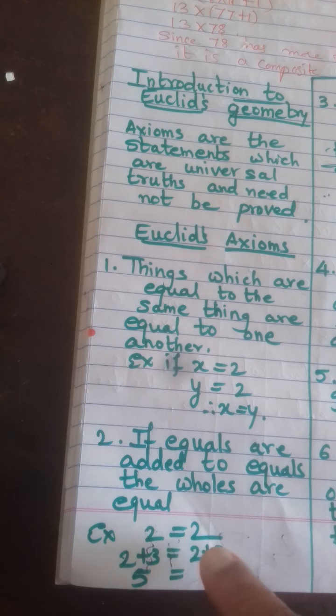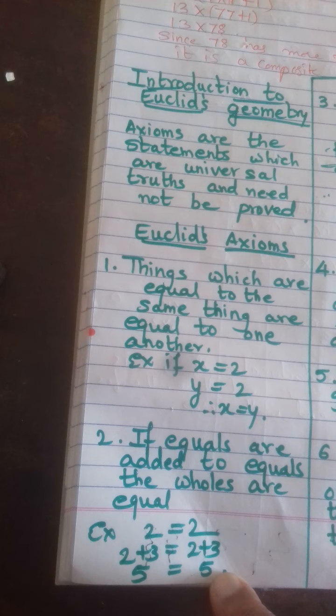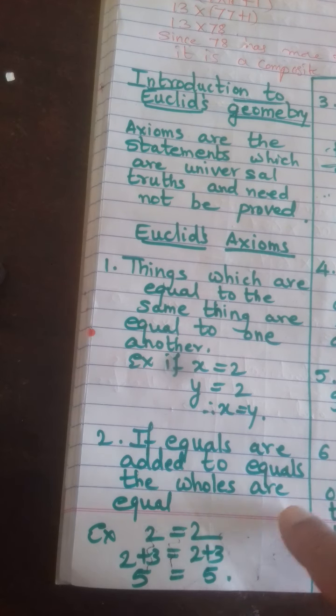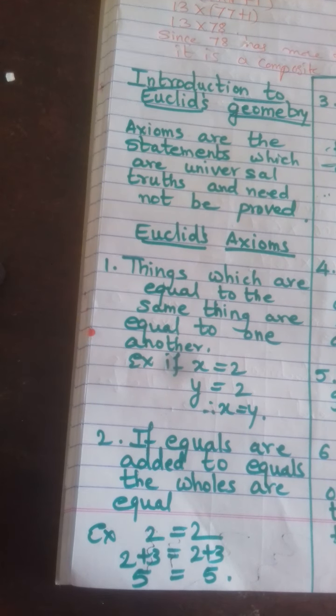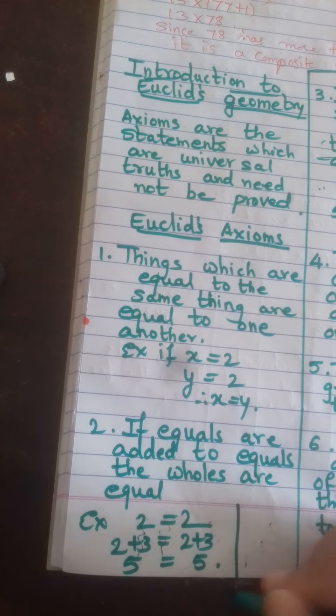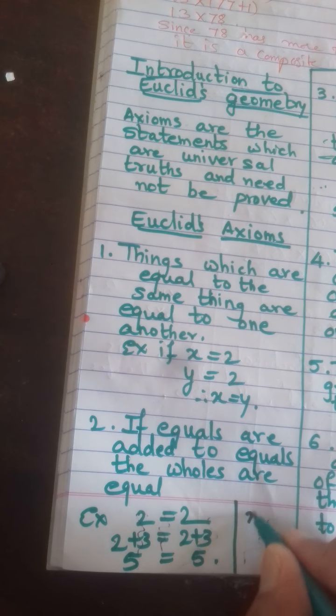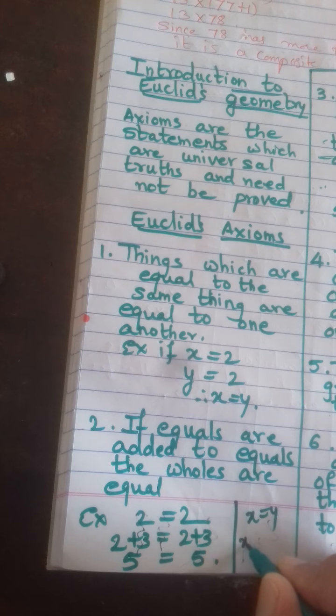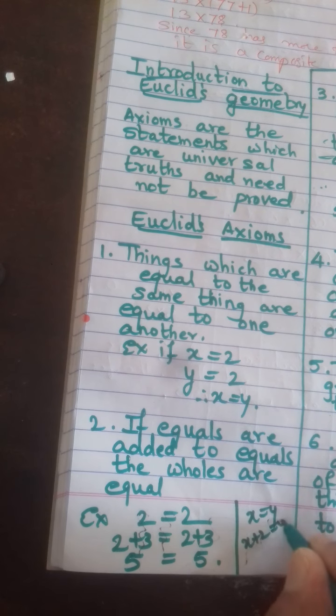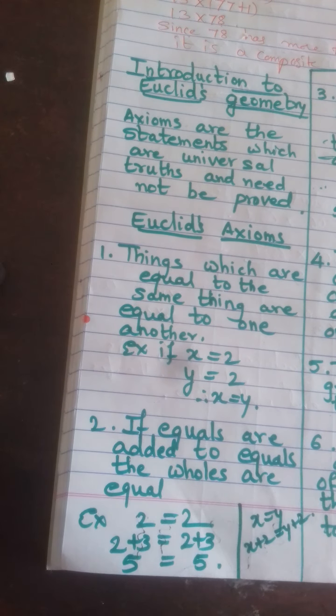So if equals are added to equals, the wholes are equal. Or if x is equal to y, then x plus 2 should be equal to y plus 2.